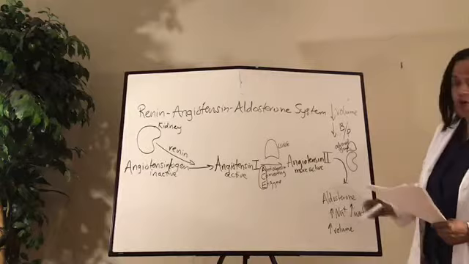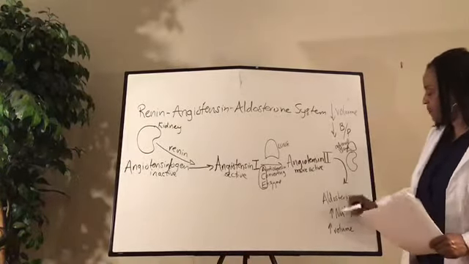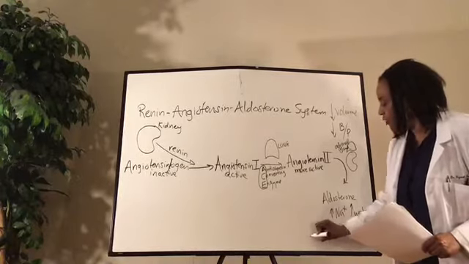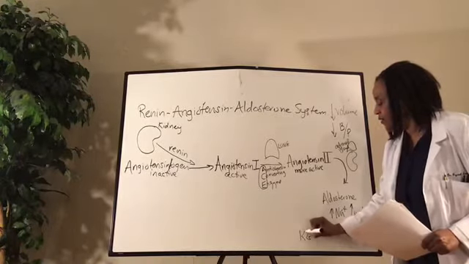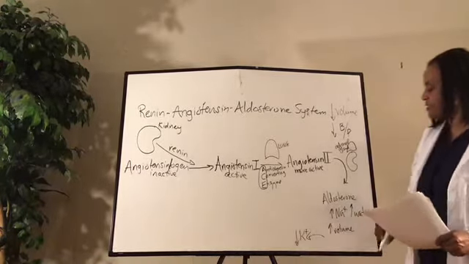In exchange for holding on to the sodium, we got to get rid of something. So that positive ion, we'll get rid of potassium. That will decrease. So that makes our blood pressure go back up.